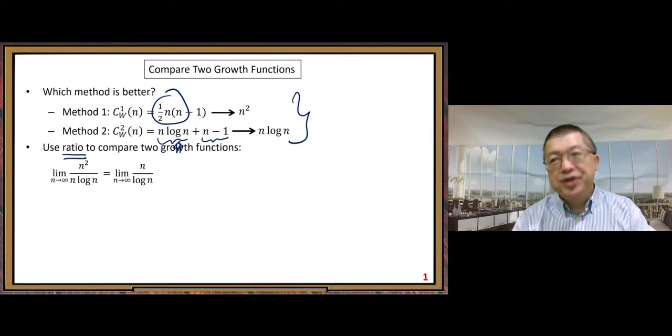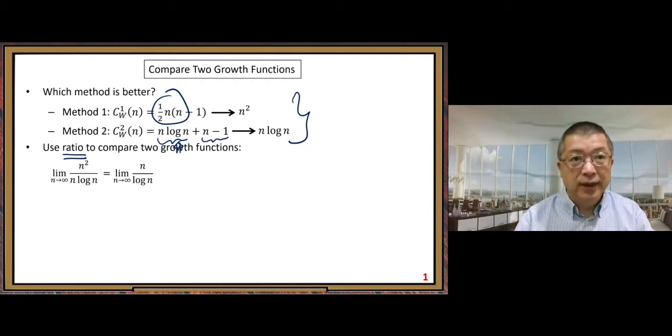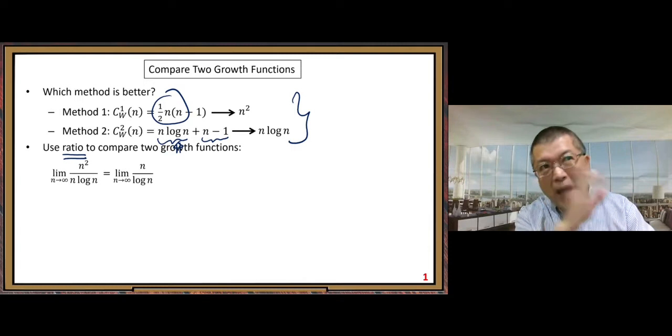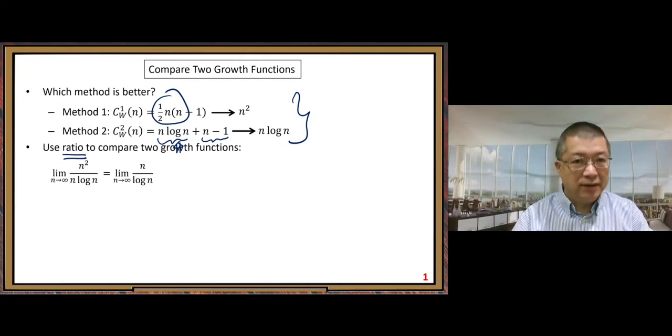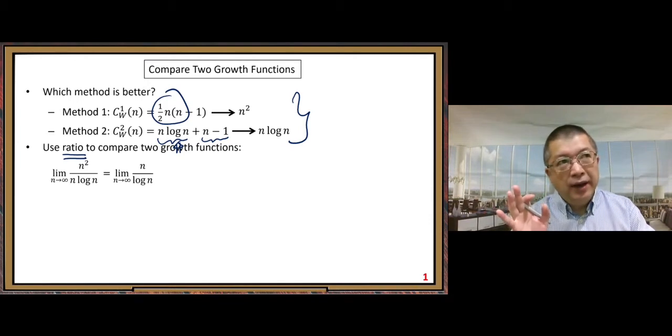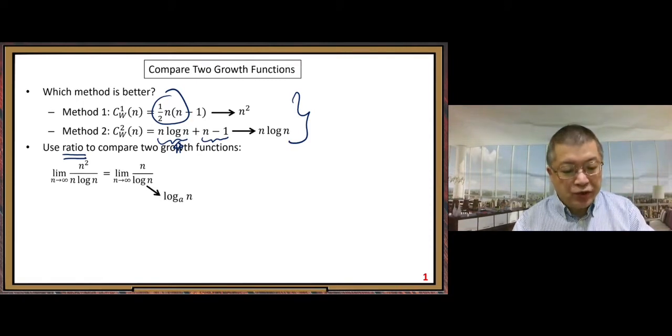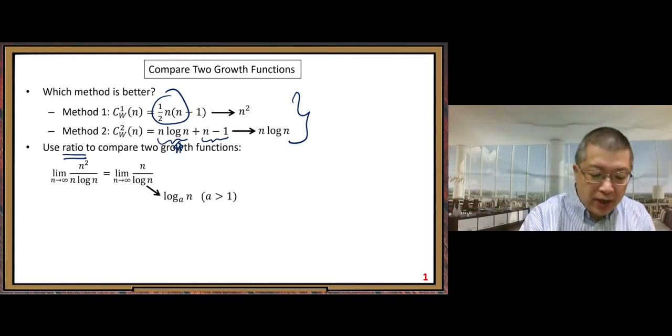How to calculate this limit? You need to have some calculus background. So let me do that part. Just recall your calculus background a little bit. First, the log n, here we didn't put the log base. Actually, we can assume a general log base a, but we need a greater than 1.